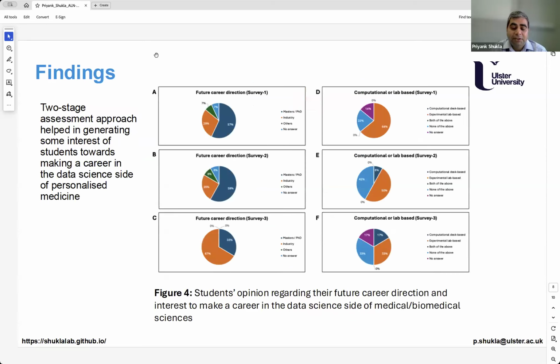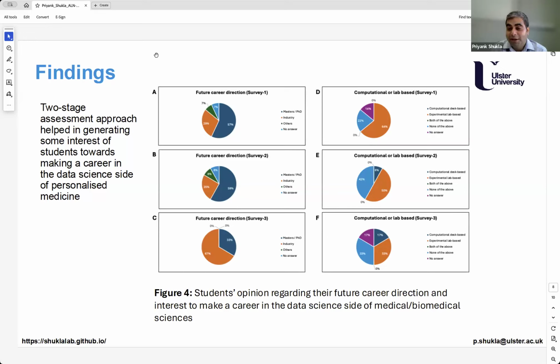And in terms of the future career direction, for me personally, it was a very positive outcome, although not very significant in terms of the stats or numbers here. But as you can see on the right hand side of these figures, none of the students wanted to make a career in the computational, desk-based or data science side of personalized medicine, which gradually improved to 8% and then to 17%.